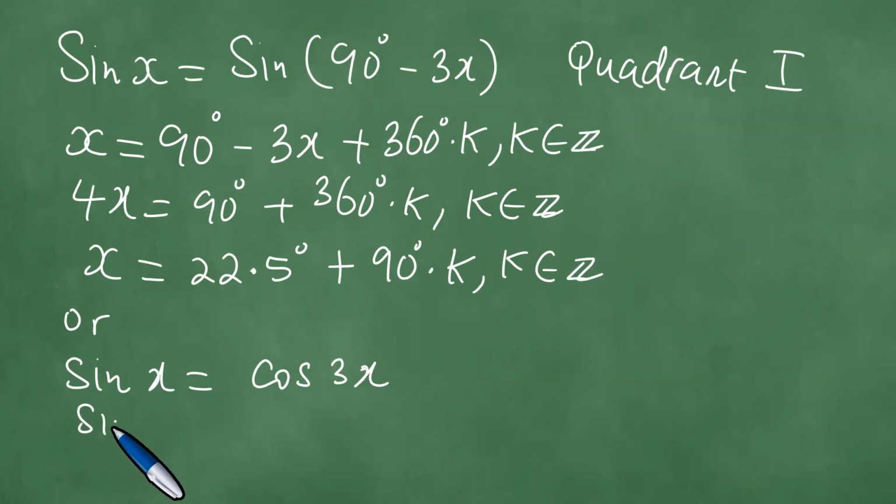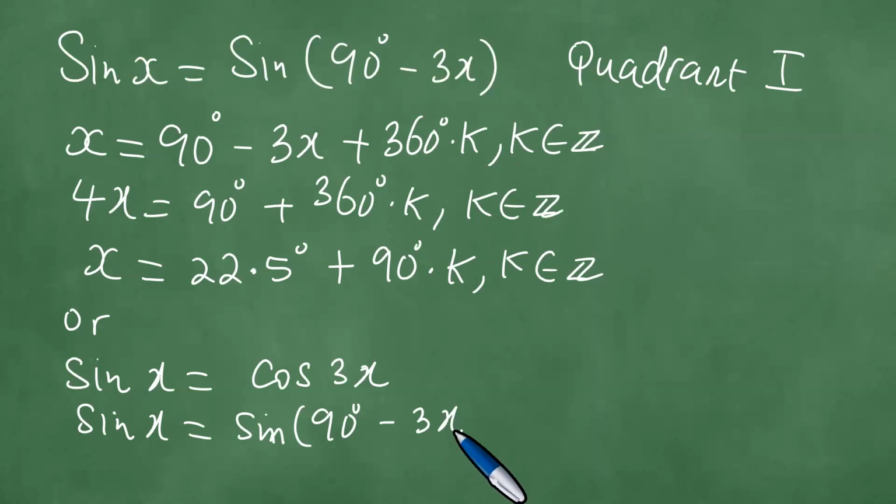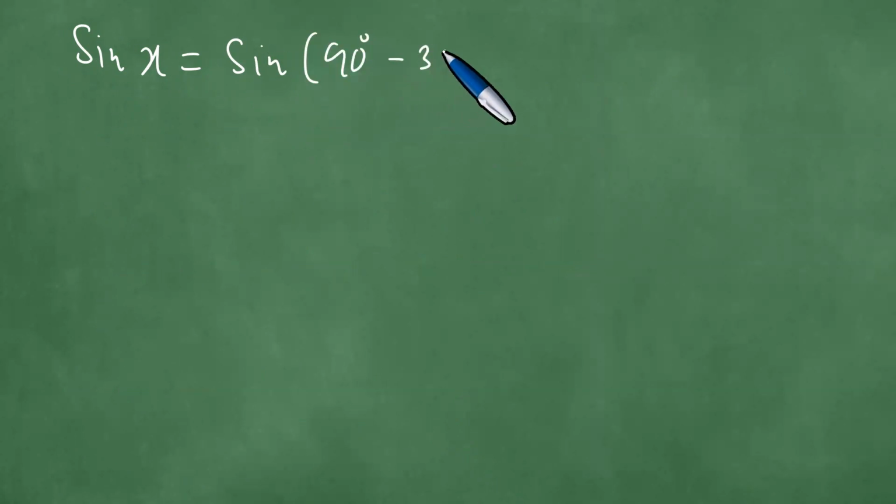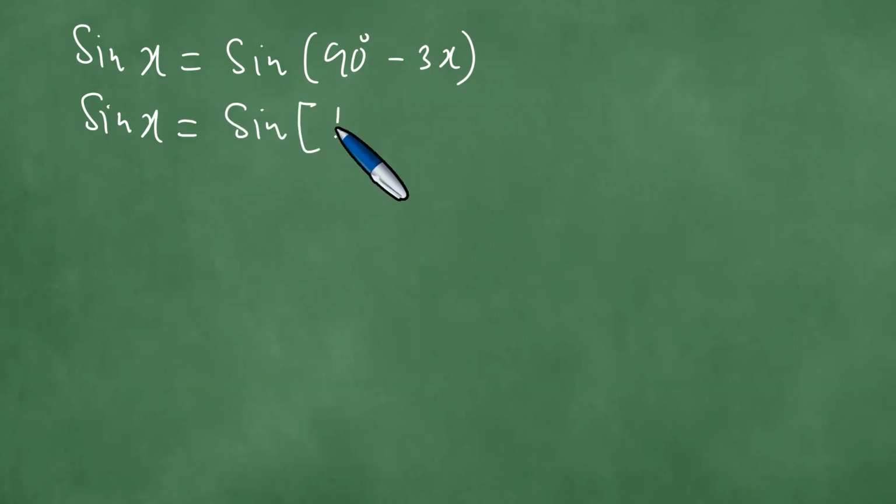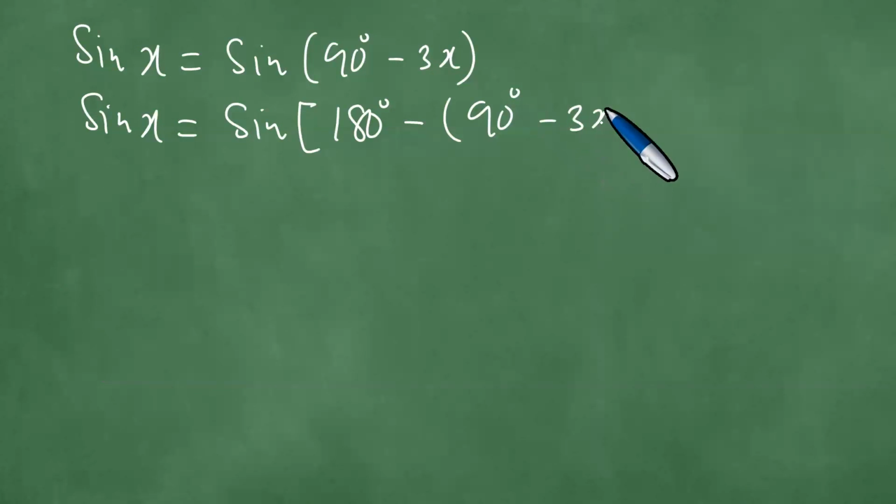And this is the sine of x equals exactly the sine of 90 degrees minus 3x, an angle in the first quadrant. And this is the sine of x equals the sine of 180 degrees minus (90 degrees minus 3x).